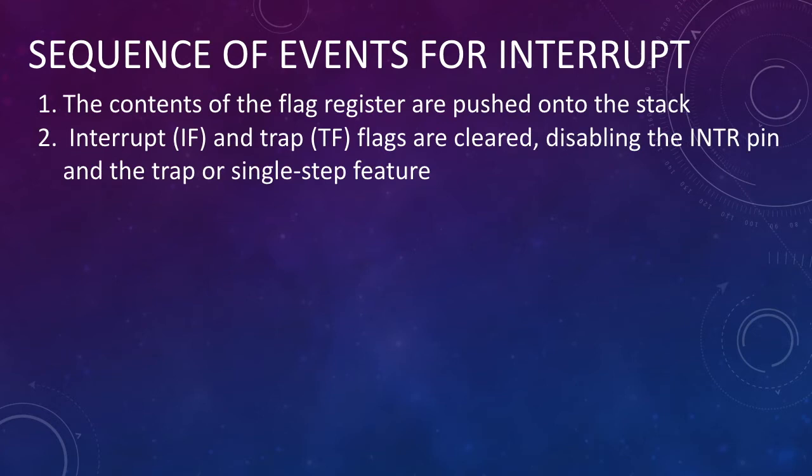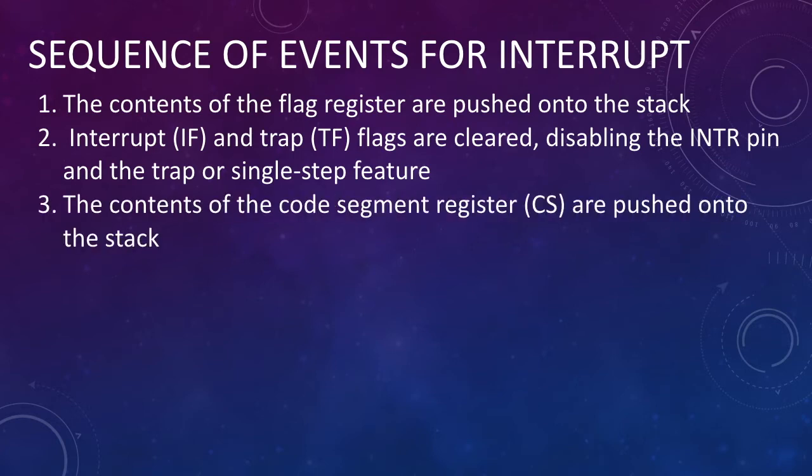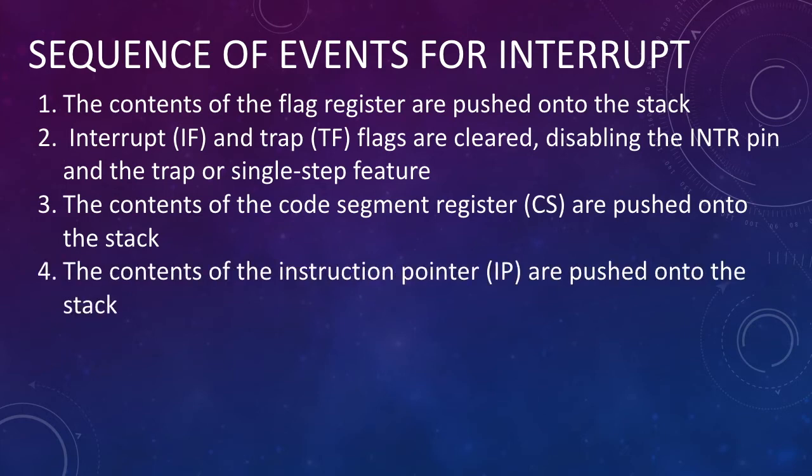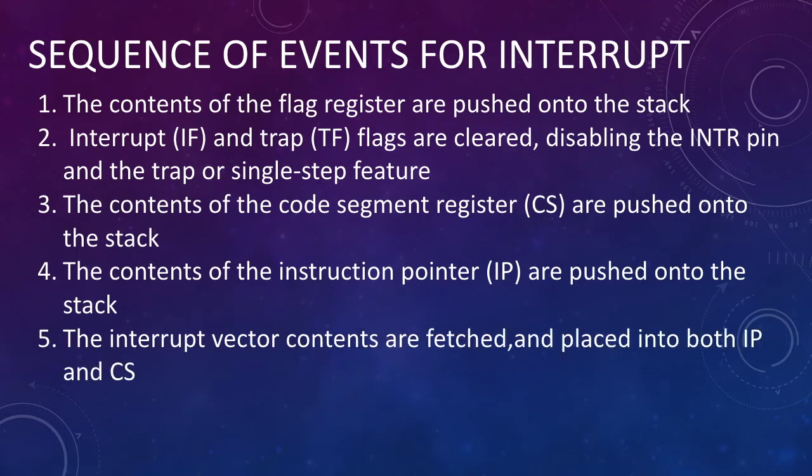Both the interrupt and trap flags are cleared, which disables the INTR pin and the trap or single step feature. Then the code segment register is put on the stack. The instruction pointer is also pushed on the stack. And then the interrupt vector contents are fetched and placed in CS and IP.